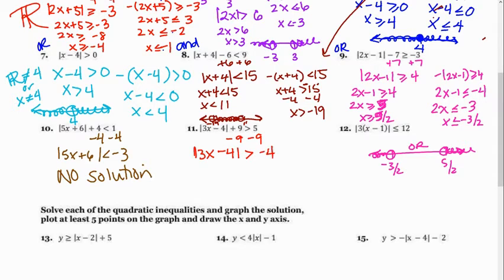This is a similar one to this one I did up here in blue. Every number that I get will give me an answer greater than or equal to -4. Any number will work in this situation because I want to be greater than a negative number, and every time I do an absolute value, I will get a positive number. I have to erase this right here.